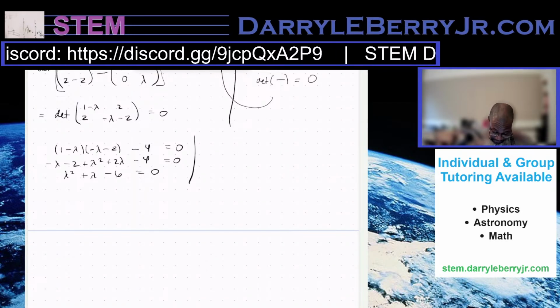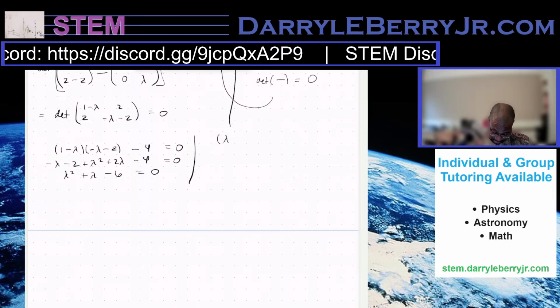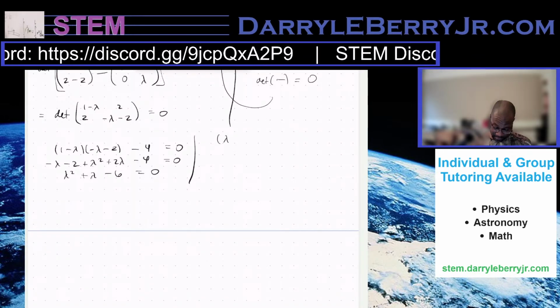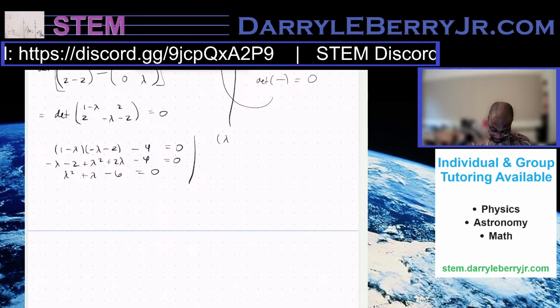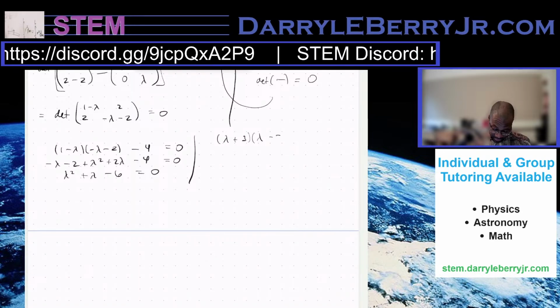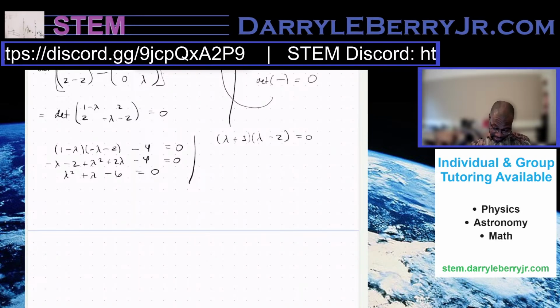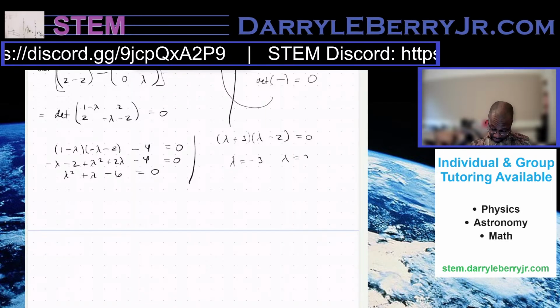So we have (lambda plus 3)(lambda minus 2) equals 0. So lambda equals negative 3 and lambda equals 2.